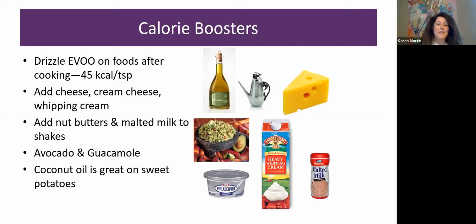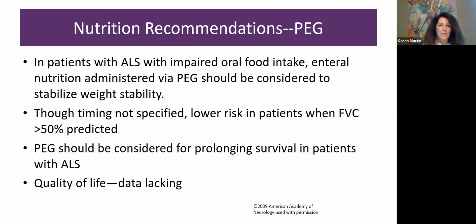Nut butters, like peanut butter, almond butter, cashew butter, are likely a choking hazard for you, but if you put them into a shake, that could be beneficial. And then those other things that we already talked about.